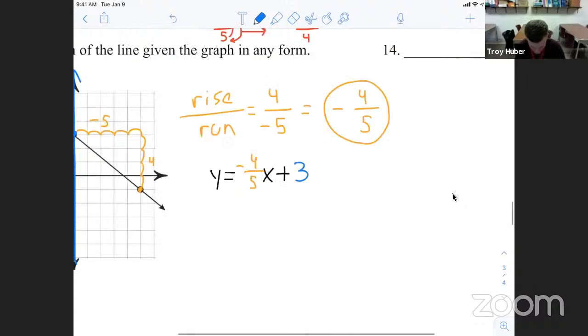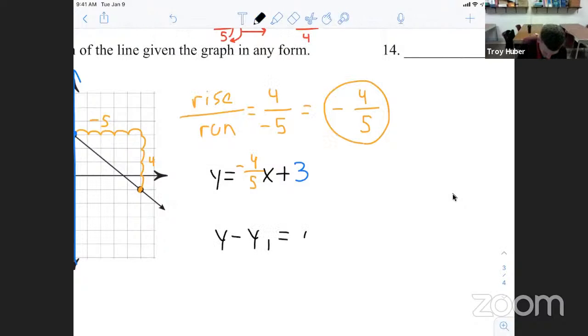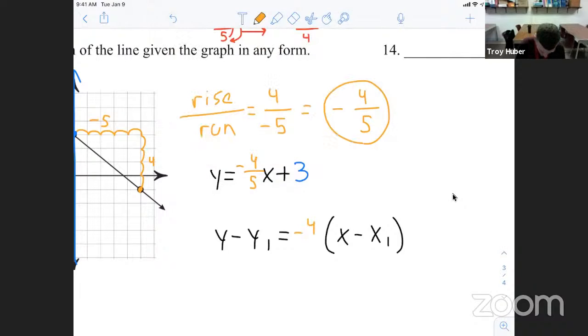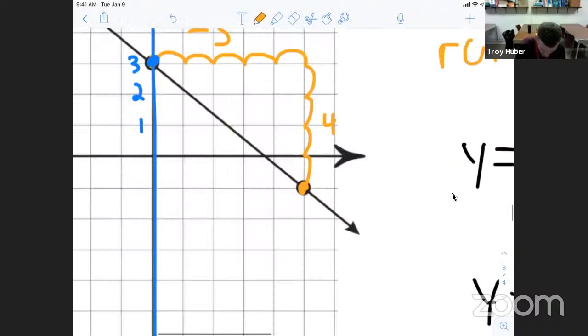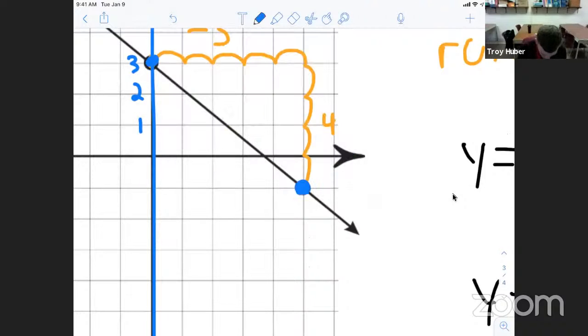Or we could say y minus y1 is equal to m times x minus x1. We found m, our slope, is -4/5. All right, and then we could use, I don't know, maybe this point right here. So this would be 1, 2, 3, 4, 5, -1.